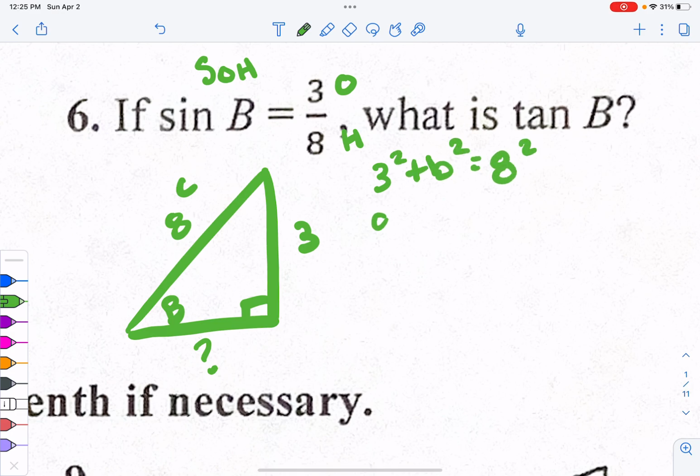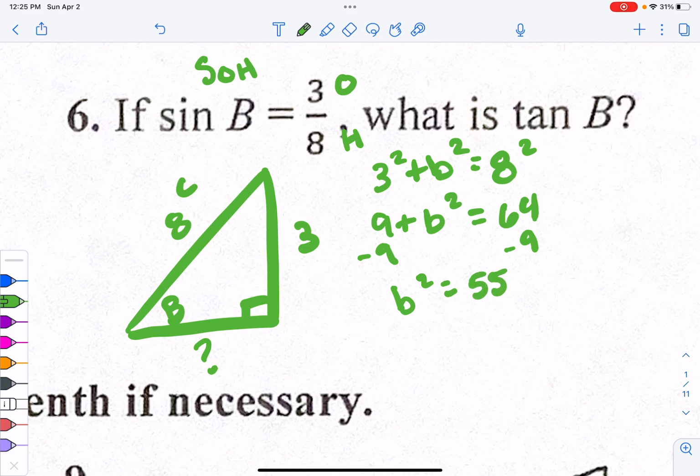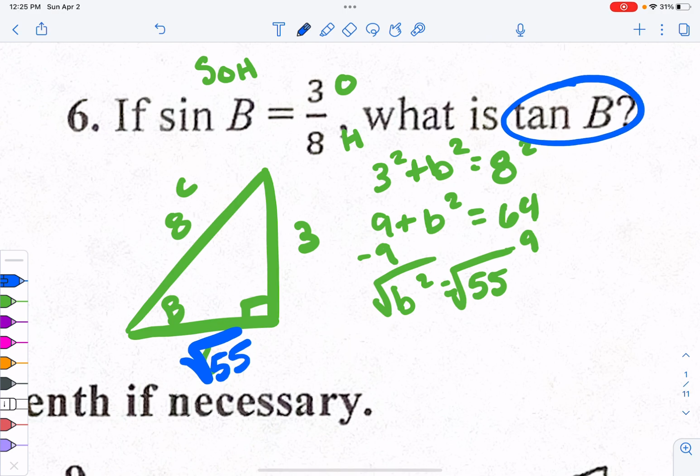Okay, 3 squared is 9, plus B squared equals 64, and if I subtract the 9 over, B squared equals 55. My brain just froze for a second. Okay, the square root of 55 doesn't come out nice, so we'll just leave it as the square root of 55, and then we have to find tangent, okay?